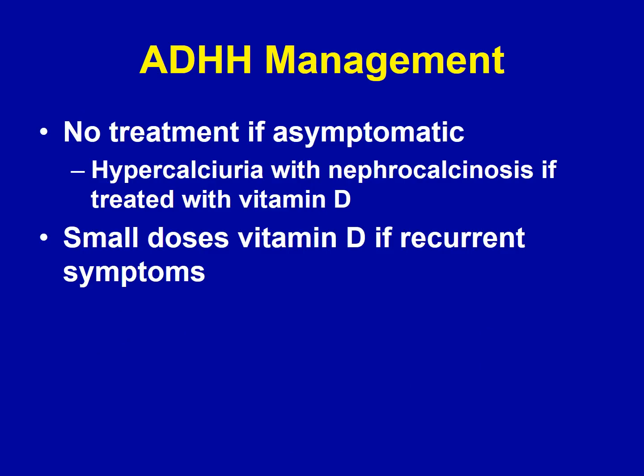So just to summarise the management for the patient we discussed with ADHH: no treatment if they're asymptomatic. If you do give them treatment when they're asymptomatic, you risk increasing the level of urinary calcium and causing nephrocalcinosis and renal dysfunction.